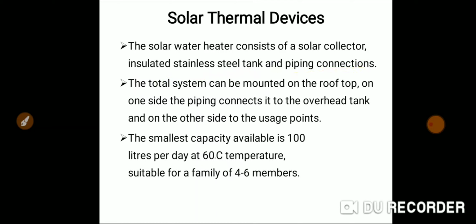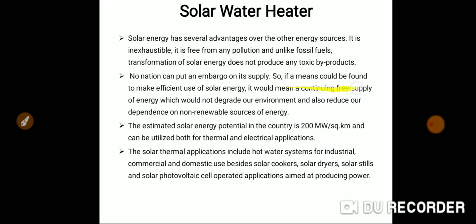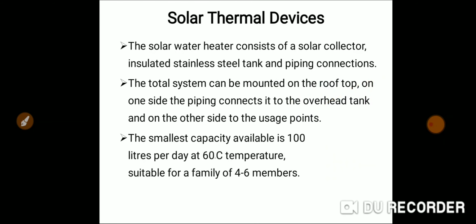This system can be mounted on your rooftop. On one side the piping is connected to an overhead tank, and on the other side it is connected to the usage points.